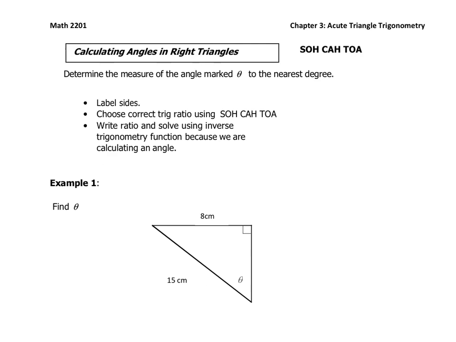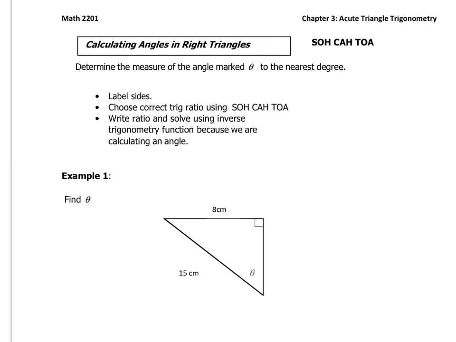All right, so let's review some of the ways we can find missing information using SOHCAHTOA. So the first one, we've got 3 basic steps. First, we label the sides based on the angle that we're given. So in this case here, we've got this angle. So this side here would be considered the opposite. And the side across from the 90-degree angle would be considered the hypotenuse.